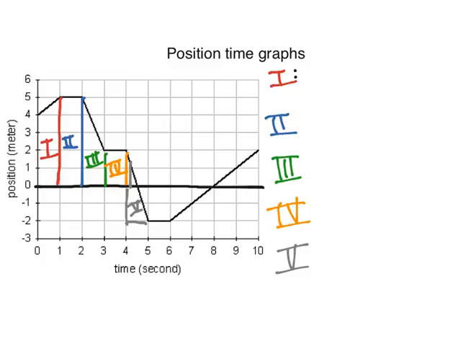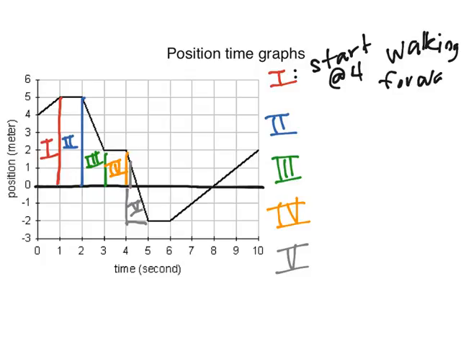So at Roman numeral 1, what's happening is, right, we start at 4. That's where we started. And then we are walking away, or walking forward. Alright, then at 2, we were just at 5 for that whole time, so you were just standing.